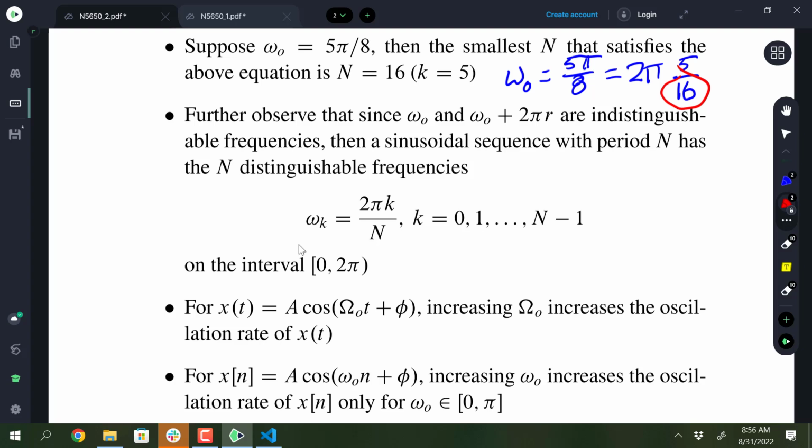And if we go at multiples of that, harmonics above that distinguishable range, they just land back on the same frequencies again when we modularize them back to this interval 0 to n minus 1.